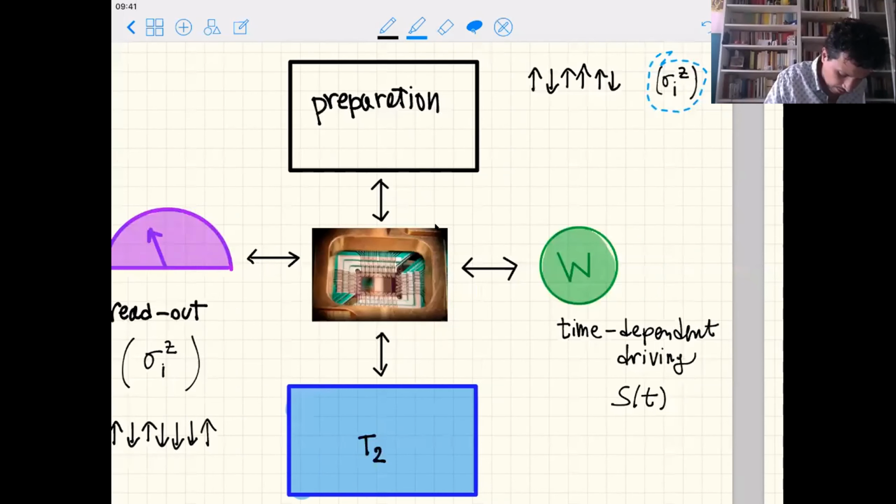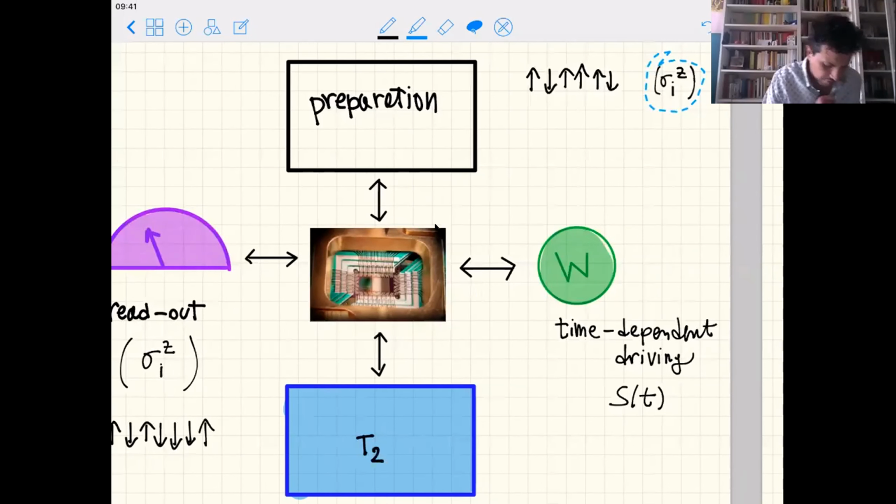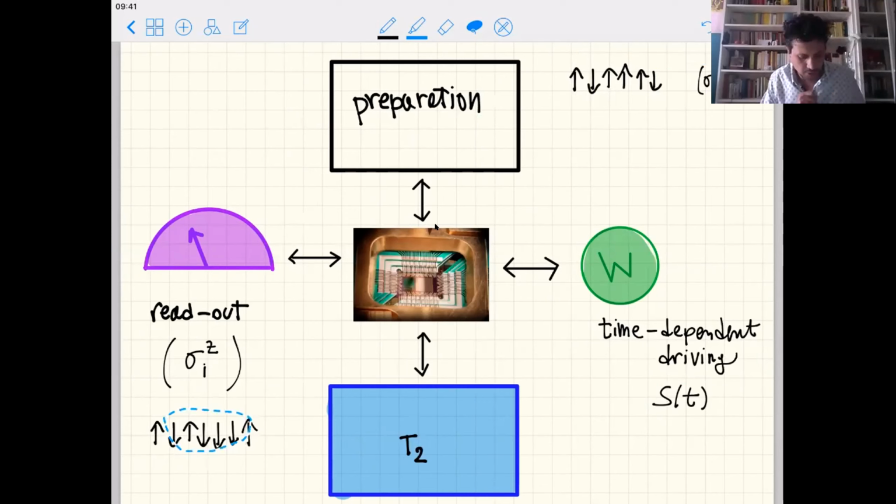Now, we have full freedom in the preparation. So we decided to prepare the initial state according to a certain Gibbs distribution. Namely, we pick a certain state with a certain probability given by the Gibbs factor associated with the energy of that state. And that means our preparation, for all practical purposes, is just like a thermal bath at a certain temperature T1, right?